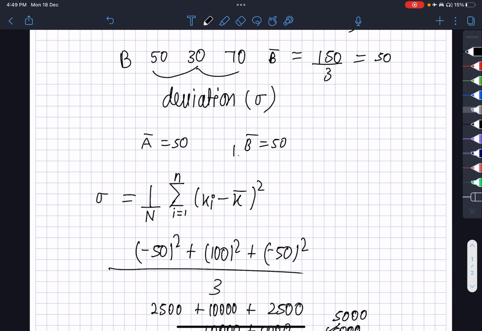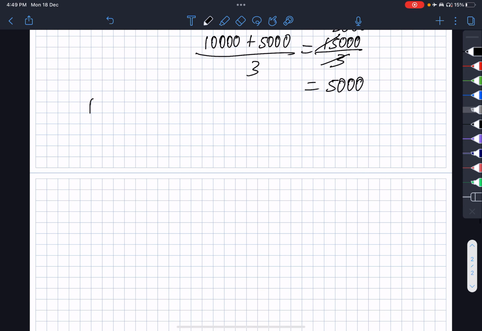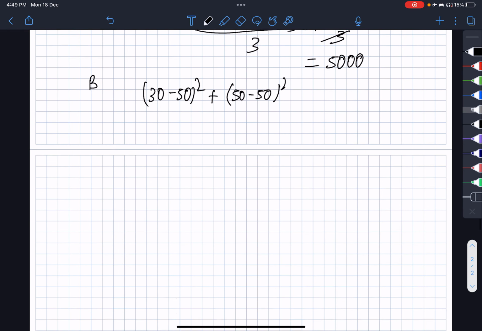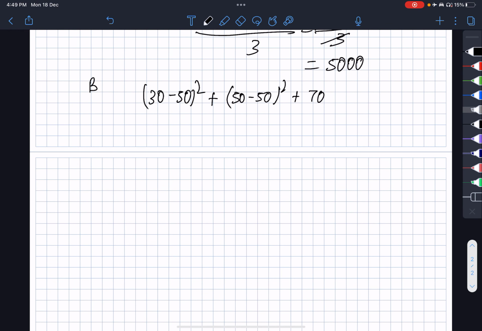For player B, let's take out the standard deviation. It will be 30 minus 50 squared plus 50 minus 50 squared plus 70 minus 50 squared, divided by 3.